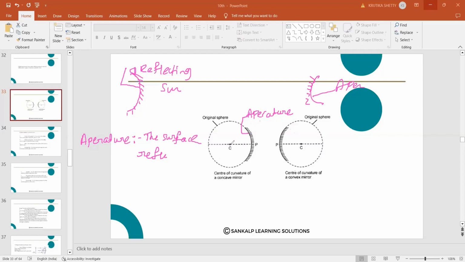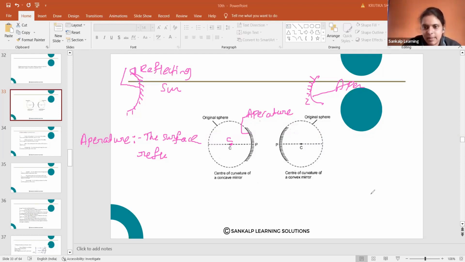Then next, I'll explain the center of curvature. Here in the figure you can see C. This is our center of curvature. What is the center of curvature? It is the center of the sphere itself, which forms the imaginary sphere we consider.